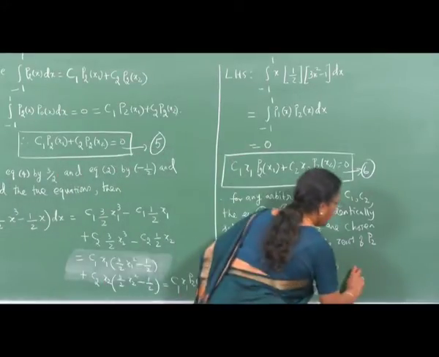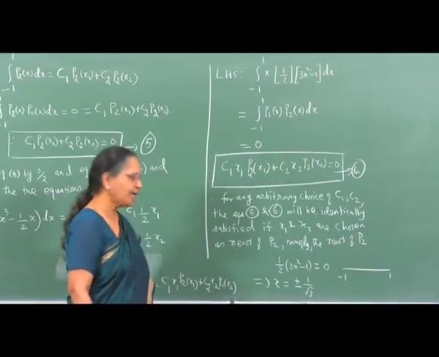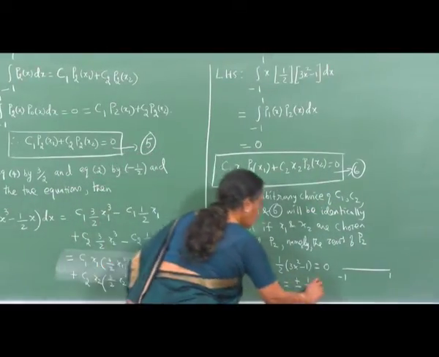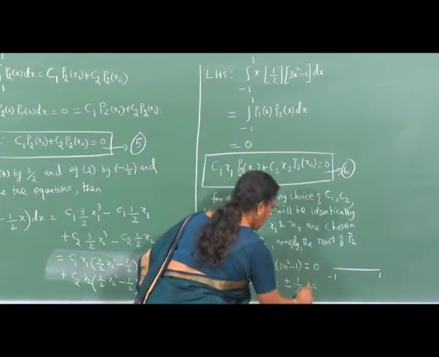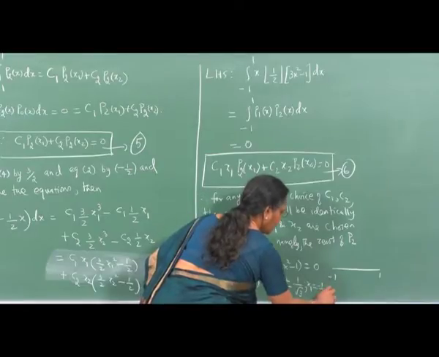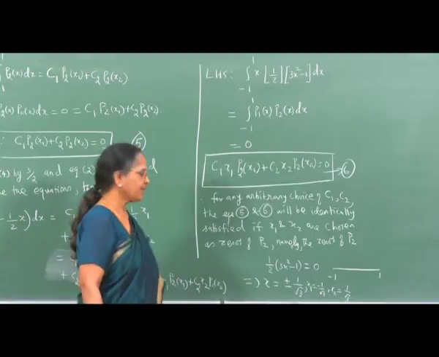So, we integrate between the limits minus 1 and 1, and the roots of P2 of x equal to 0 are given by x1 equal to minus 1 by root 3 and x2 equal to plus 1 by root 3.